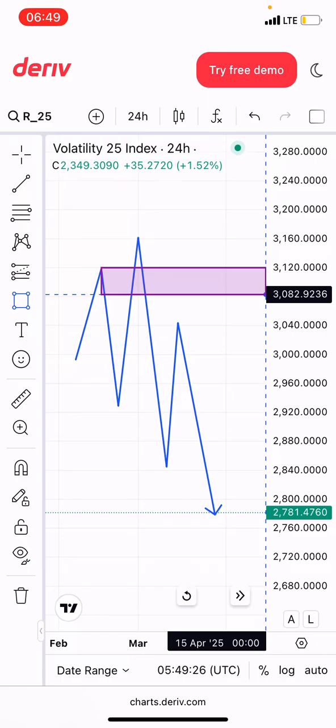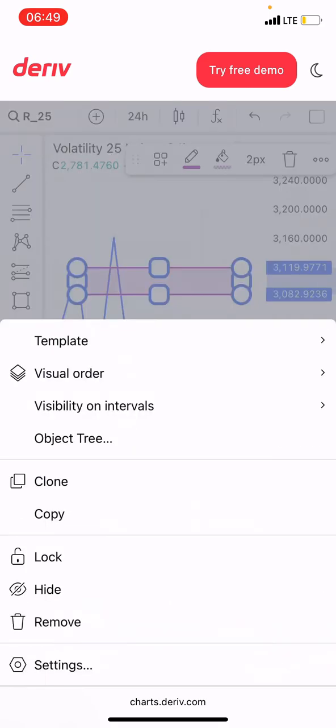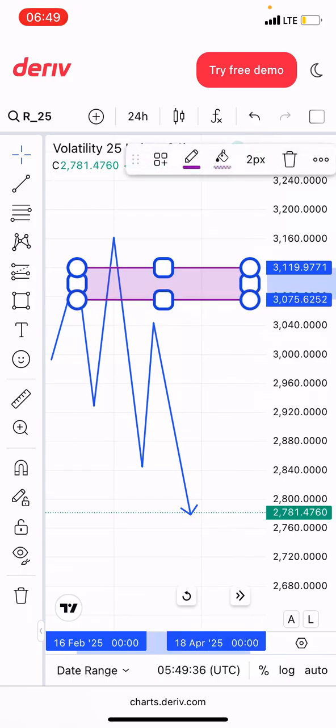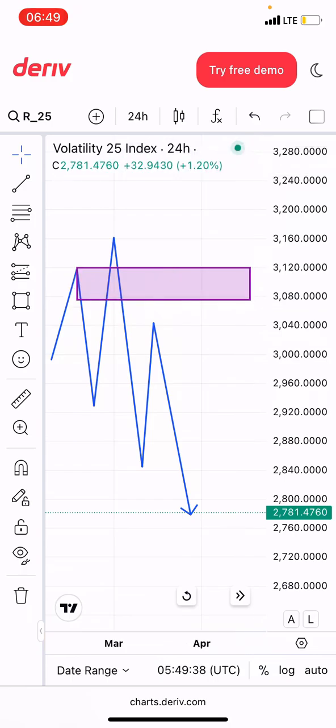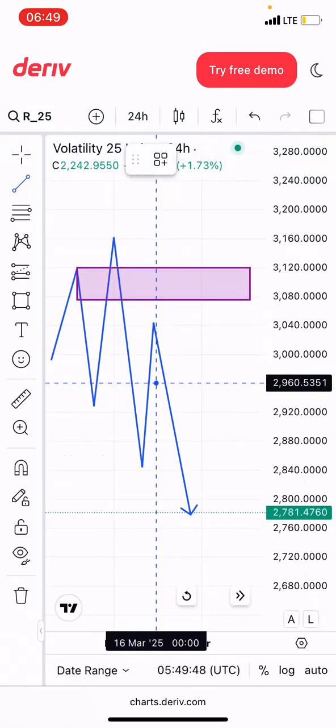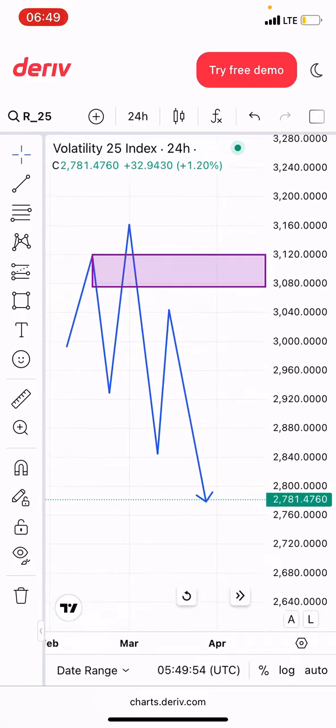If you check my previous video, I talked about framing a bias, basic top-down analysis. You need to know the direction to where price is headed. Then you can actually begin to look for this pattern I drew here and trade it.